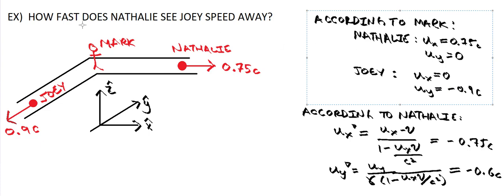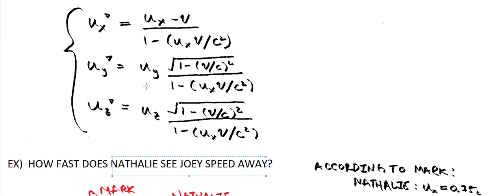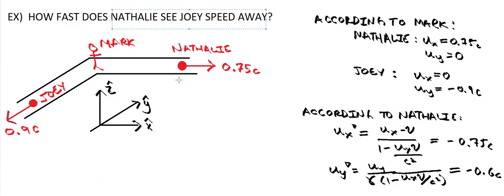So the question then is, how fast would Natalie see Joey speed away? That is our question here. So we're going to use our velocity transforms from up here. And so I let myself be the unprimed frame. You'll see that this is a recurring theme.